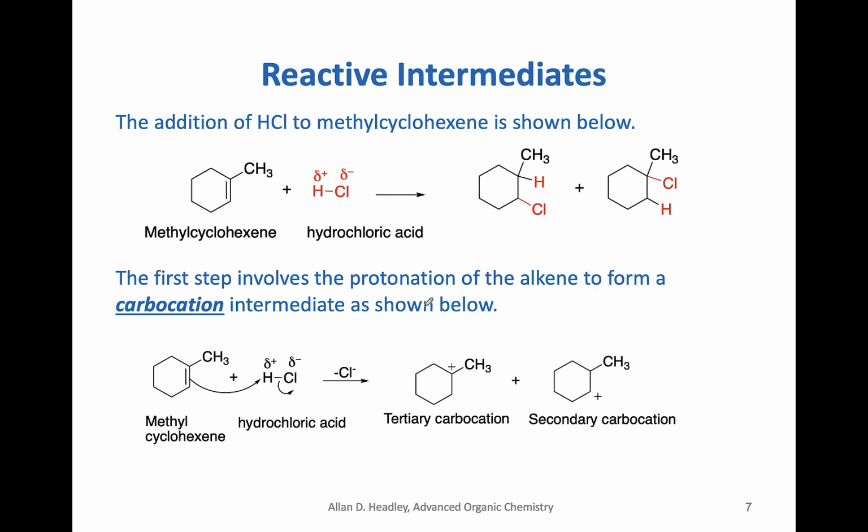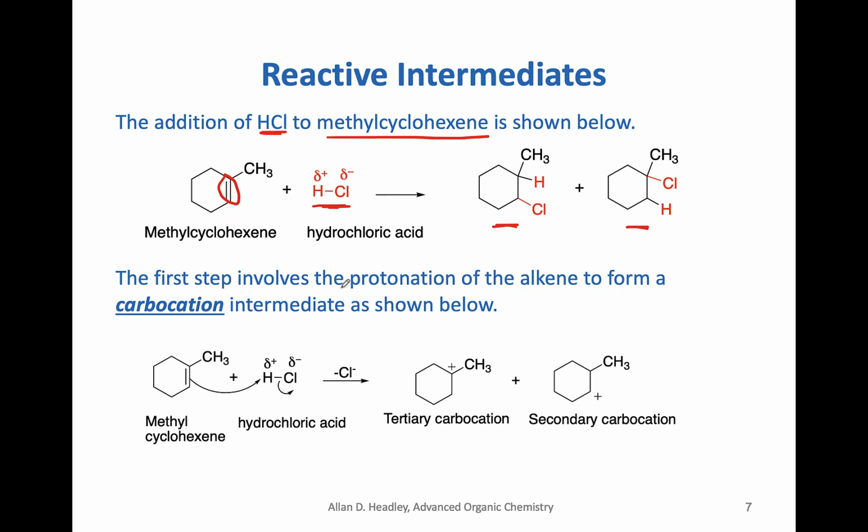So let us do a quick summary here of one type of reaction. Here is the addition of HCl to methylcyclohexene, adding HCl to the double bond here as an addition reaction. As you can imagine, the products are here, two products, because they can add both ways to the double bond.